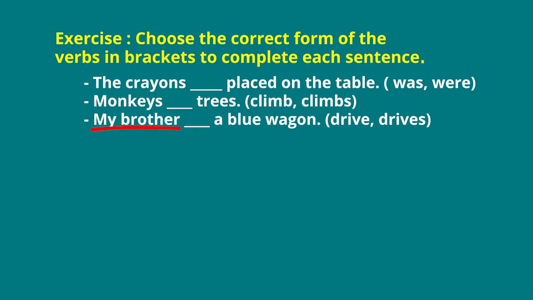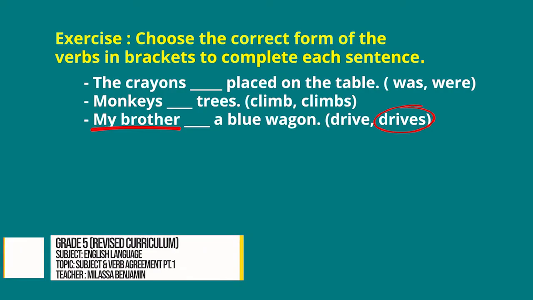My brother is a singular subject, and therefore it must take a singular verb. So we will choose drives, since we learned earlier on that the verbs ending in S are usually the ones in their singular form. So the sentence would read, my brother drives a blue wagon.